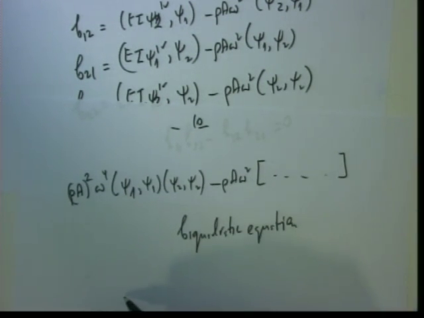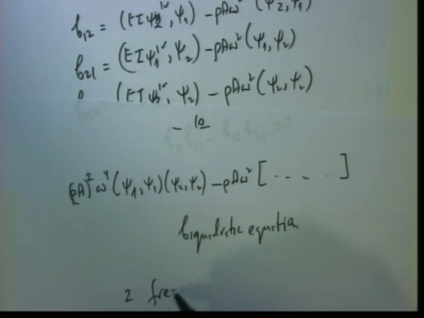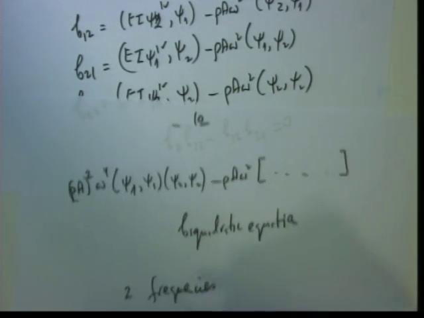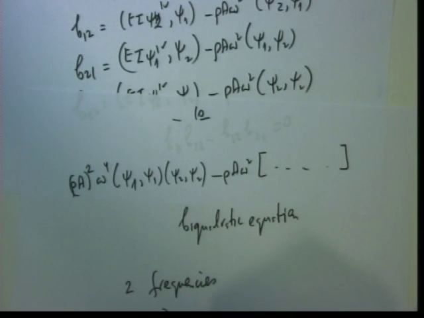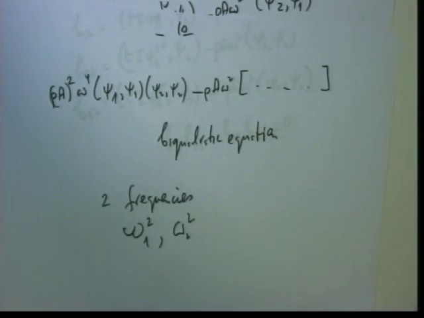And therefore we get two frequencies, omega 1 squared and omega 2 squared. You see, if I take two terms, I can get estimates of two frequencies of the beam.